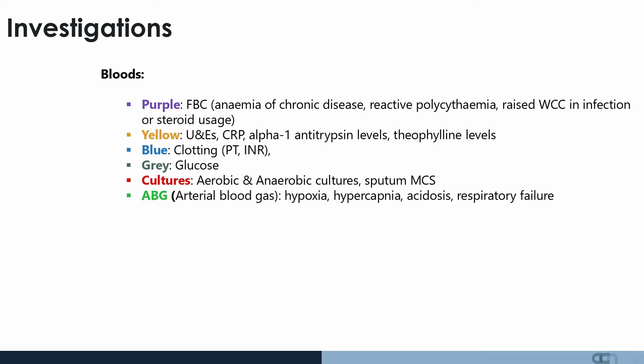And importantly, if they have signs of infection, if they're coming in with decompensation or fever or septic markers, aerobic and anaerobic cultures should be sent, as well as a sputum MC&S. An arterial blood gas should also be performed to assess for signs of hypoxia or hypercapnia, whether the patient has acidosis resulting in respiratory failure.